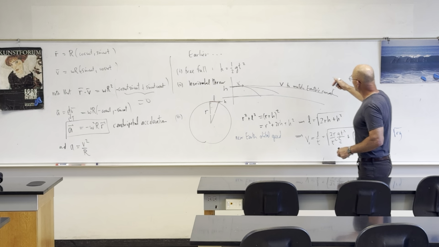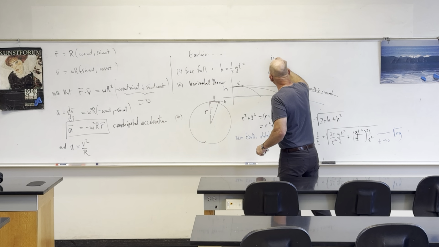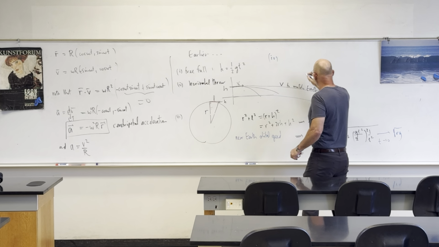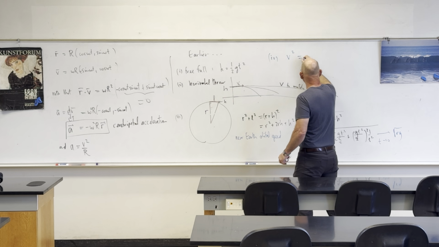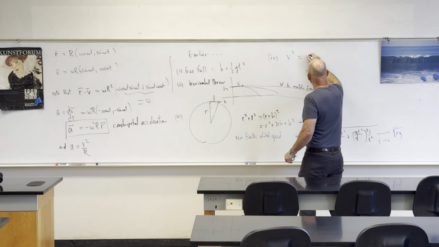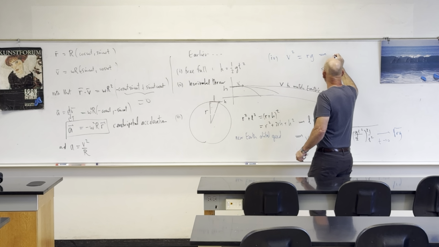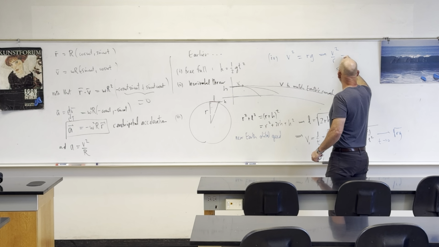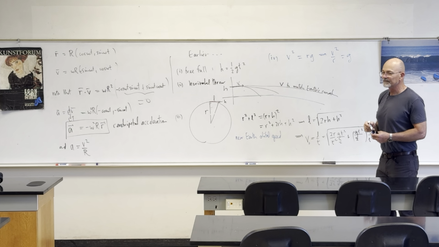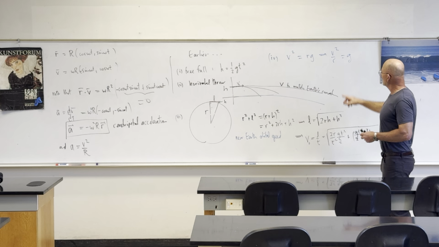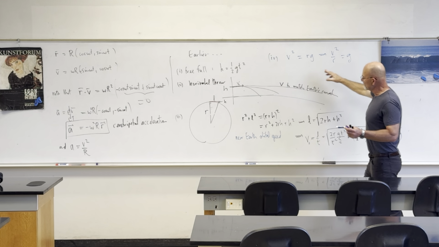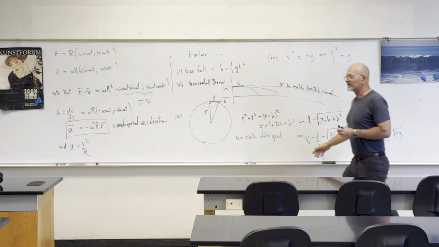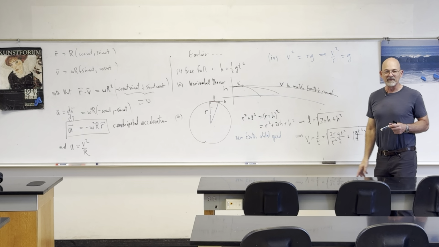But here, the punchline of this for this class is that what we have is v squared equals rg, or v squared over r is equal to g. But g was just the local acceleration, and this is just a picture on the board. So this is true, generally speaking.